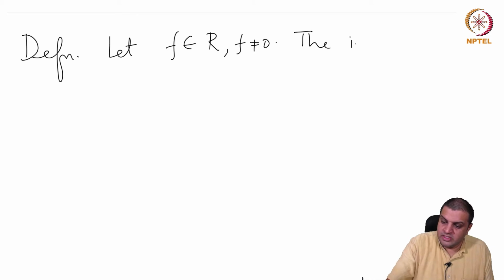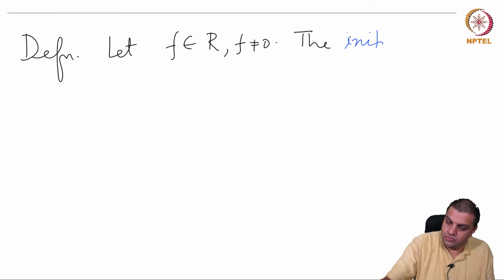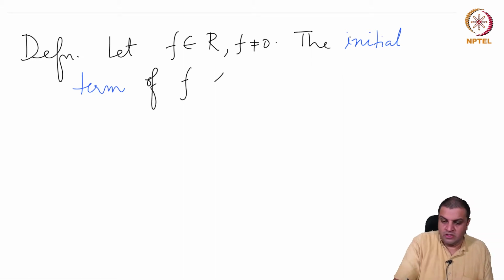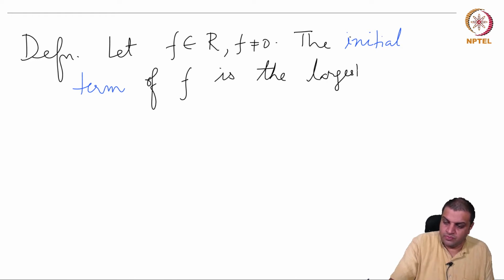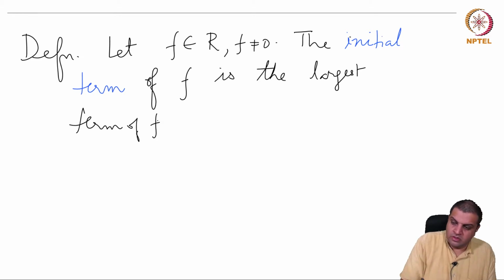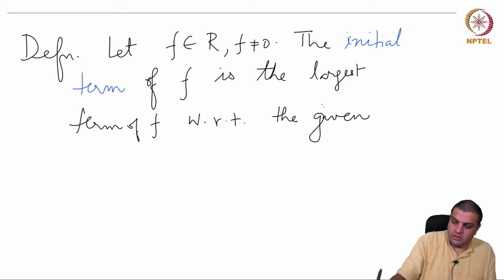The initial term of f is the largest term of f with respect to the given monomial ordering.